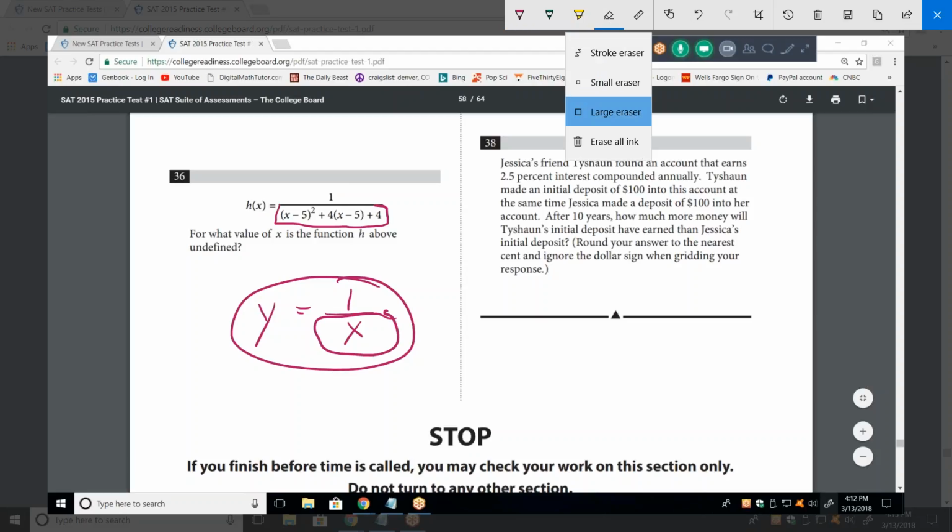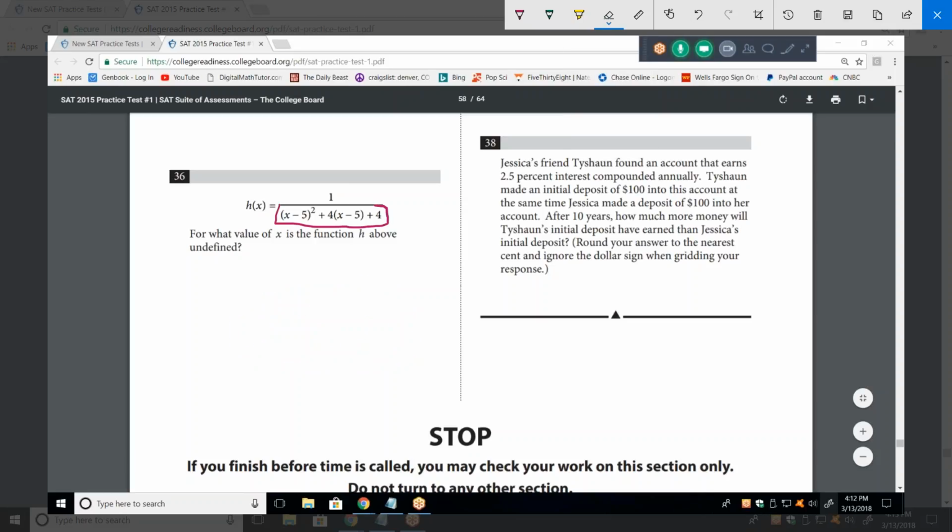Now, that is just part of it. They're not going to make it that easy, but what we're going to do is say x minus 5 squared plus 4 times x minus 5 plus 4 has to equal 0, because that's what would make h of x undefined, if that denominator was equal to 0.